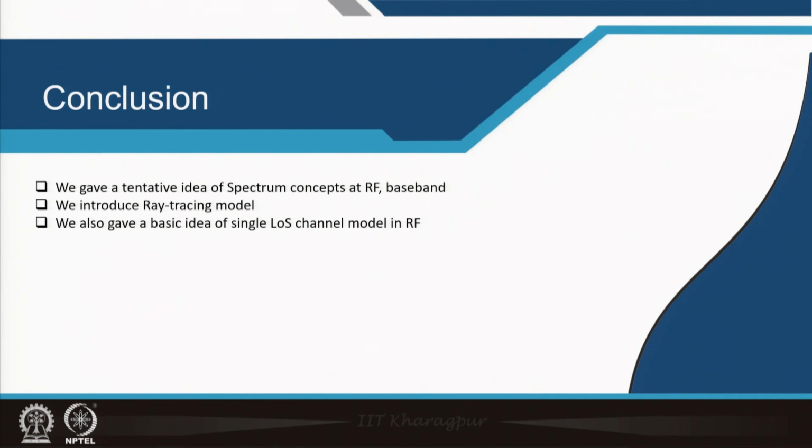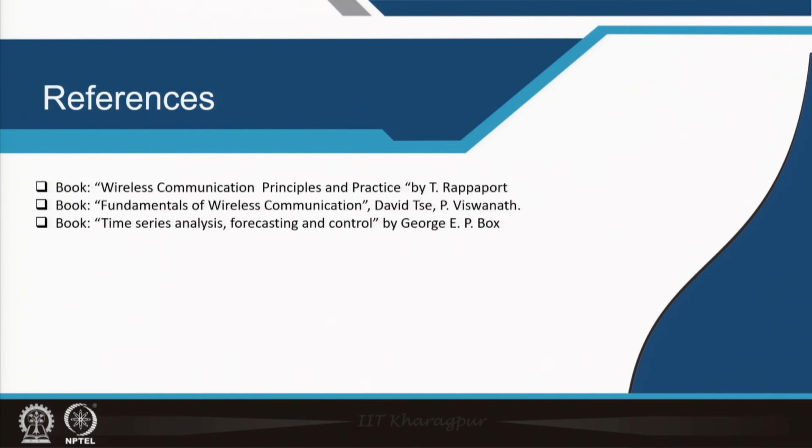Well, we have covered so far the spectrum issues at the RF and baseband. We have also introduced the ray tracing model and gave a basic idea of the LOS channel model at the RF. So, the references remain the same as in my earlier classes. With this we end the session for this particular channel model.